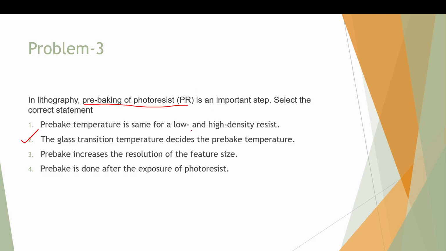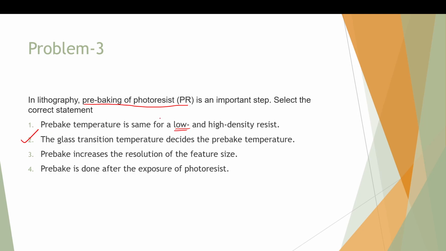So the pre-bake temperature will actually depend on whether it's a low density or high density resist. As it was discussed in class, in low density resist, it's easier for the acids to diffuse. Post exposure, there will be some chemical reaction in the photoresist that will create some acid, and that has to diffuse, but only to the required amount.